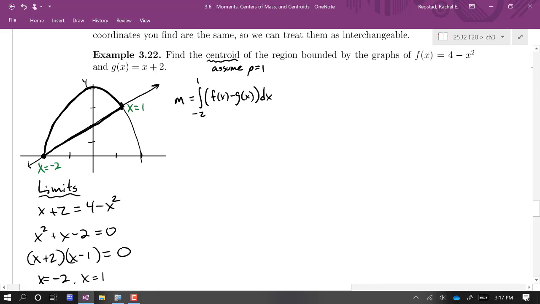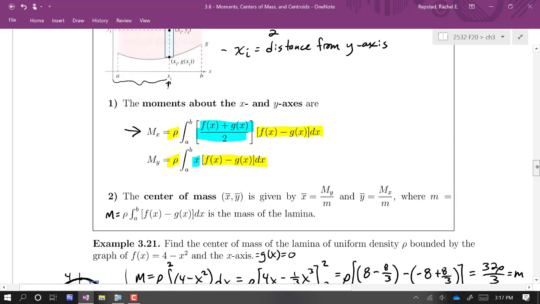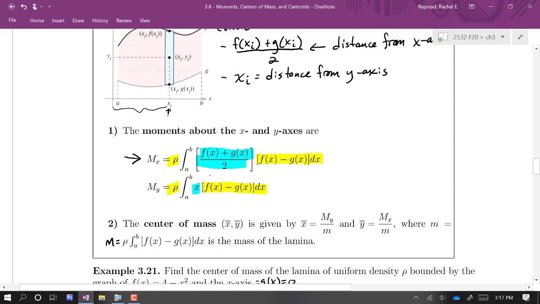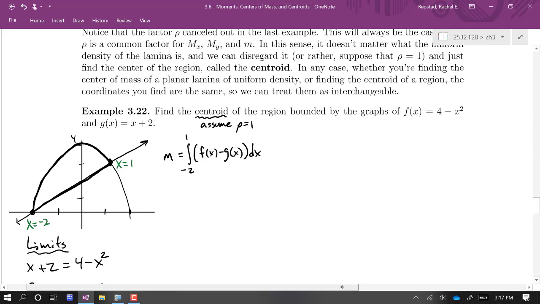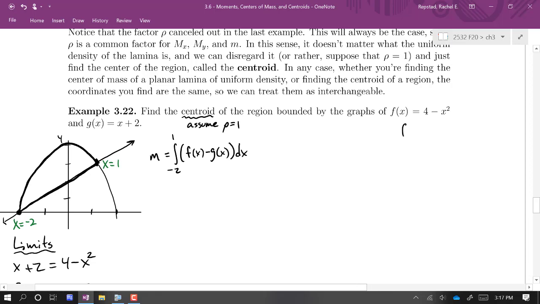Now, in these integral formulas, if we go back to that sheet here, we're going to need the expressions for f minus g and f plus g, so I'm just going to do a little side work and find those. So f minus g is 4 minus x squared minus x plus 2, and that is 2 minus x squared.